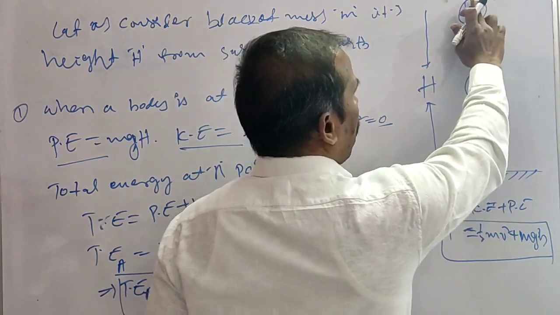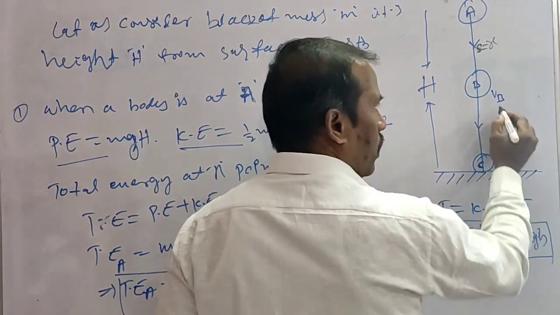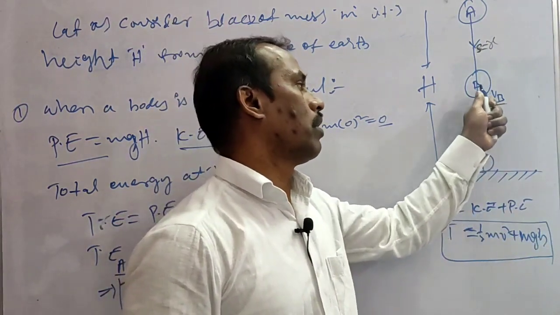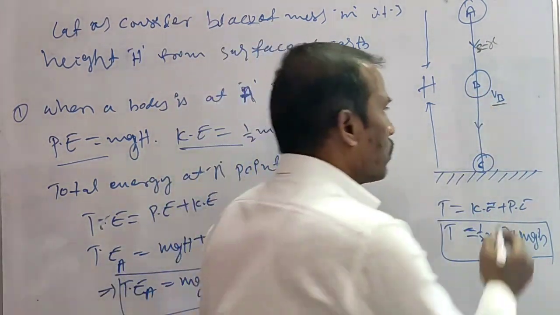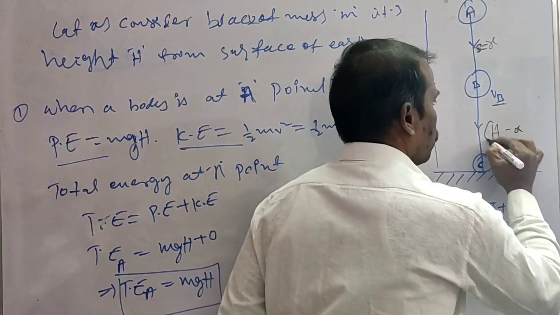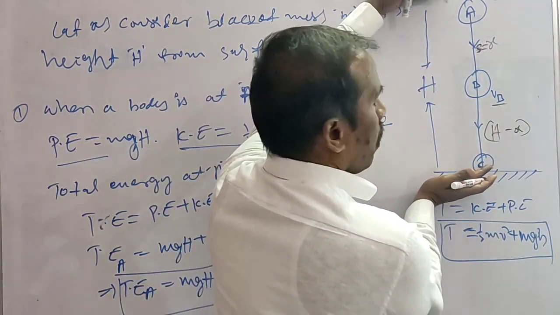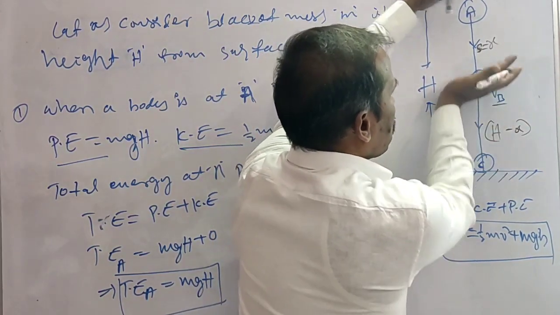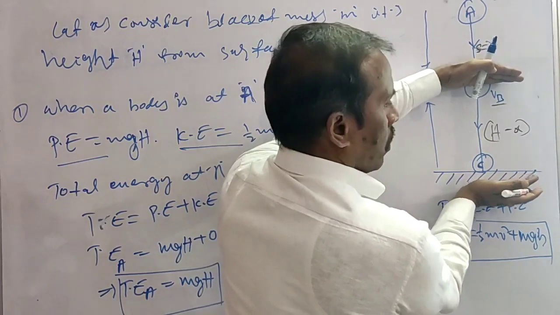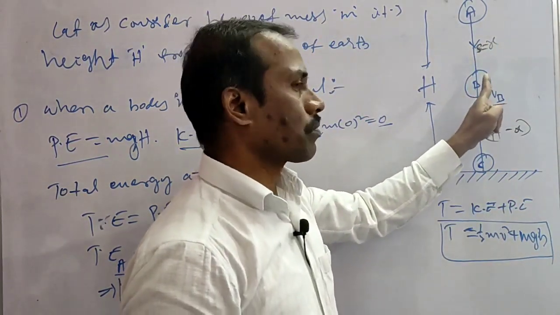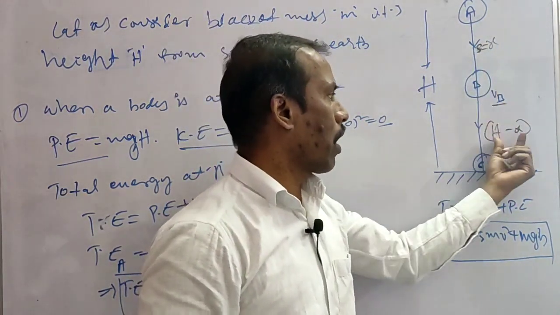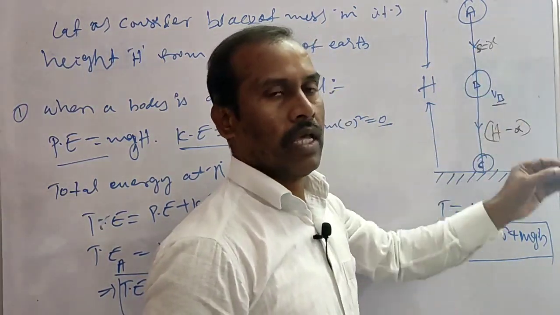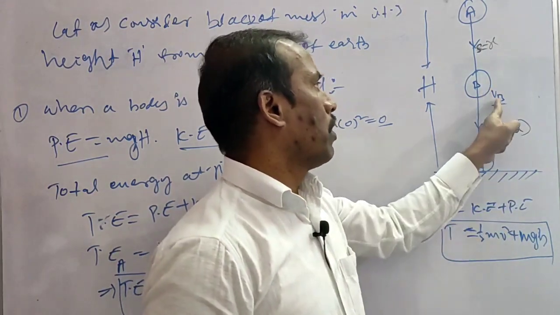The height of the block at B from the surface is h minus x, the remaining height. So at B the height is h minus x, the displacement from A to B is x, and the velocity is vb.